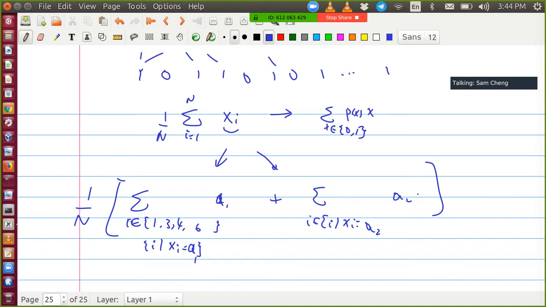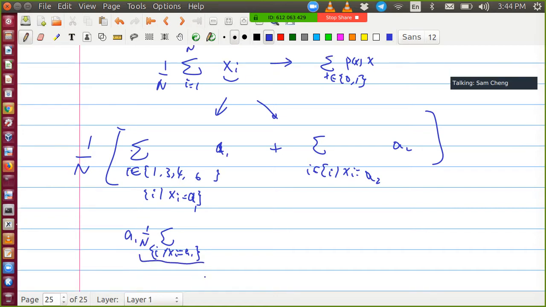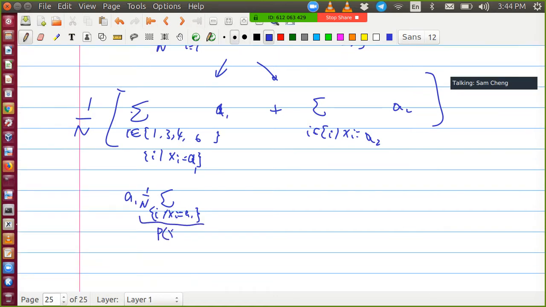But then what you are doing here, this A1 you can pull out, because it's a constant with respect to this guy here. Then you sum over i with x_i equal to A1, over n. So this is just approximating p(x) equal to A1.